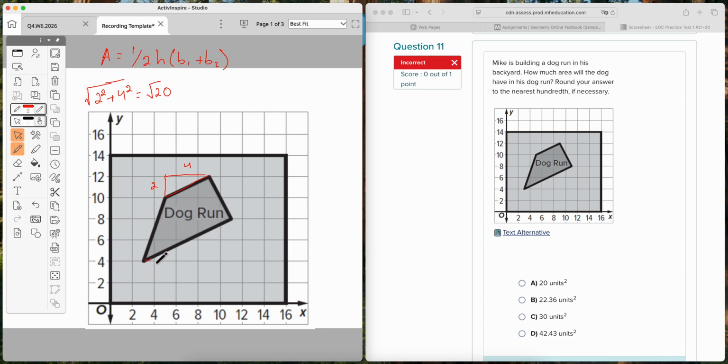Let's do the bottom now. I'll erase some stuff after this to keep it from getting too messy. So this length, I'd go down 4. Gotta keep paying attention to the axis. Moving over 1, 2, 3, 4, 5, 6, 7, 8.